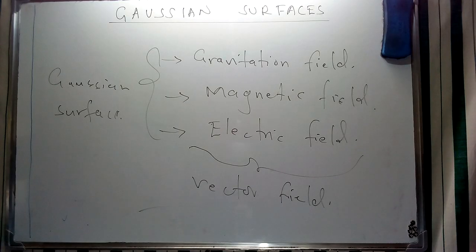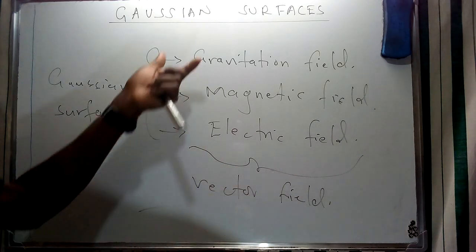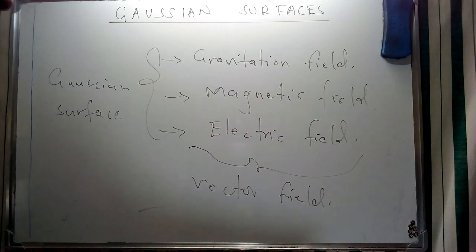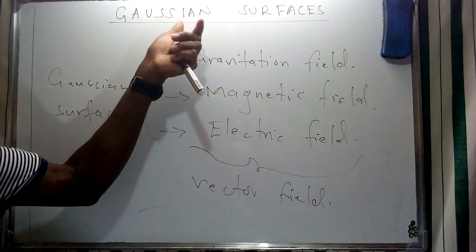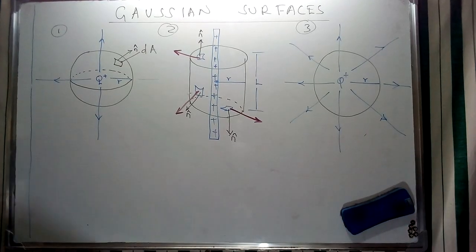My representation is going to tackle these areas and how we can conclude whether a surface is a Gaussian surface, and what conditions are attached to this concept. If we consider the illustrations I've given on the board, I'm going to explain what they consist of and their implications from the definition of our Gauss law.